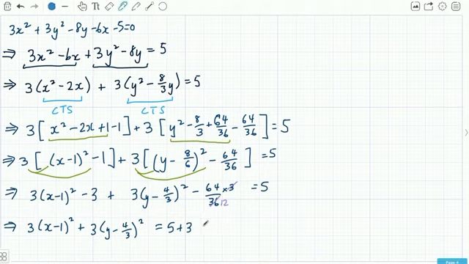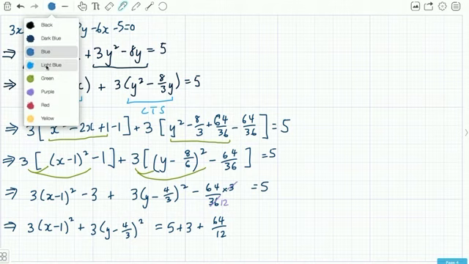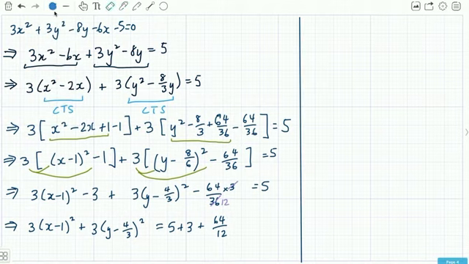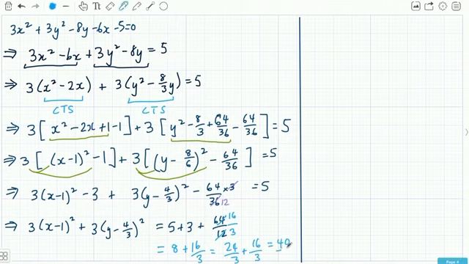And in this equation I've got 64 over 12, and I could divide the top and the bottom by 4, so we've got 16 over 3. And I'm just going to rewrite this, that's 8 plus 16 over 3, which is 24 over 3 plus 16 over 3, which is 40 over 3. So I'm just working through there. You can do that with your calculator, of course.